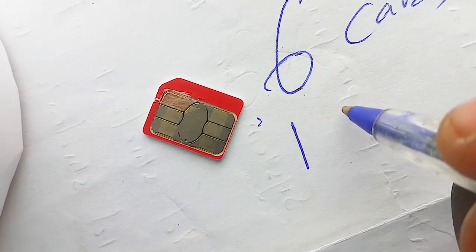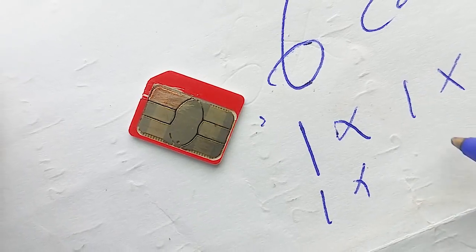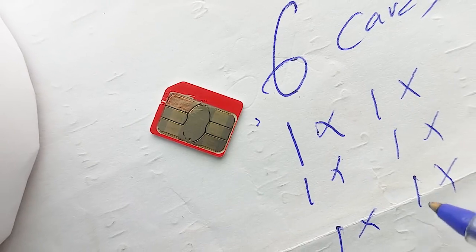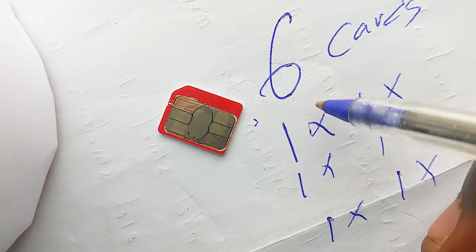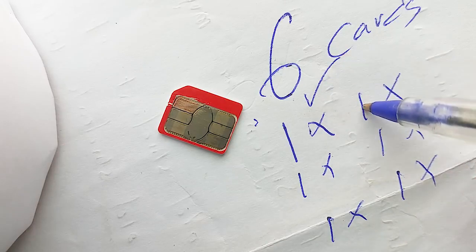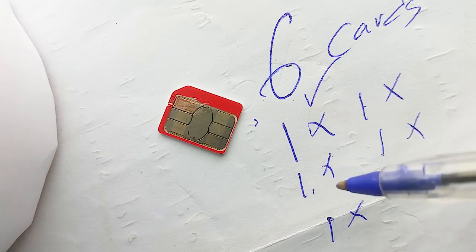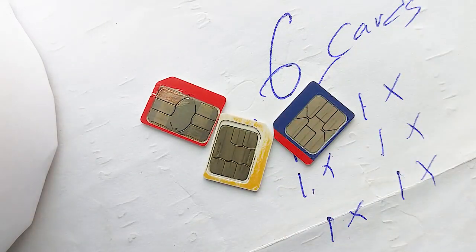Then you have one partition, another partition, another partition, another partition, another partition, another partition. So this has your 6 different cards. One may give you the correct one. It may be this, it may be that, maybe that. So you need to do this for 6 different cards. You can take this card, 6 of them, and this card, 6 of them.